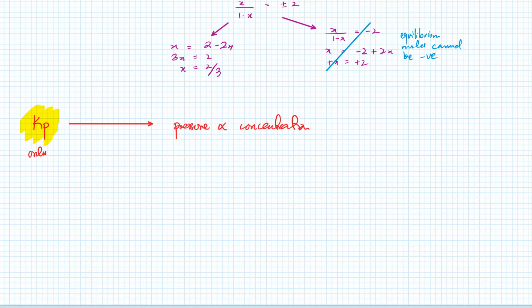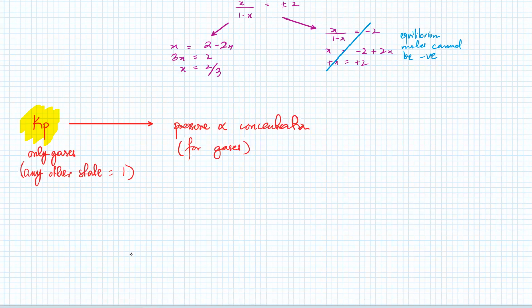Only gases. Any other state is going to be taken as 1 or constant; its pressure would be taken as 1 or a constant. So pressure is equal to concentration for gases only.